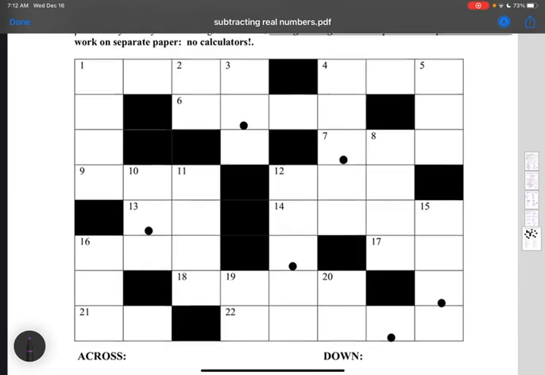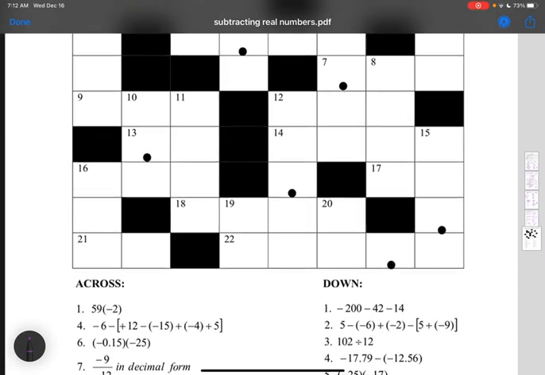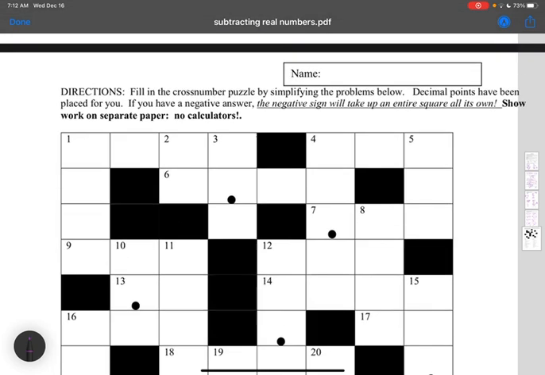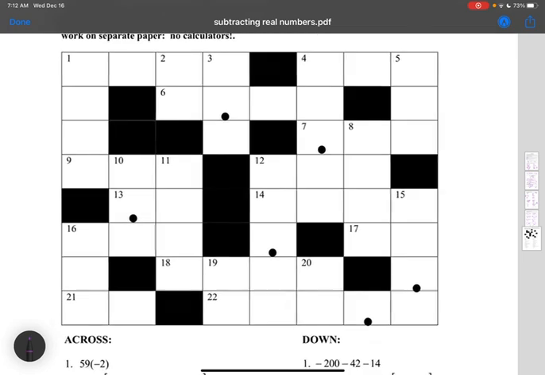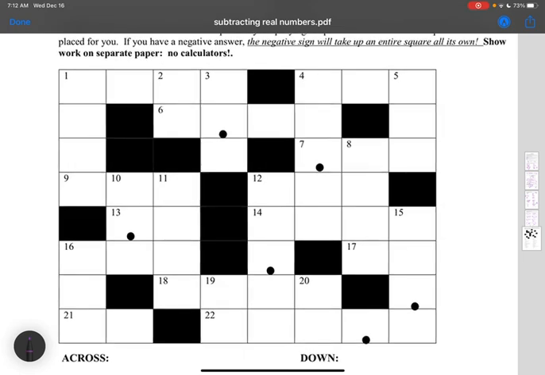Okay, and what you're doing is you're doing those problems and then you're filling in the answer. Up here it says that the decimal points have been placed for you. If you have a negative answer, the negative sign will take up a square on its own. Again, no calculators, it says. So now I'm going to fill in the answers so that you can hit pause to check your work if you choose to complete this activity. Give me a minute to write them all in here.